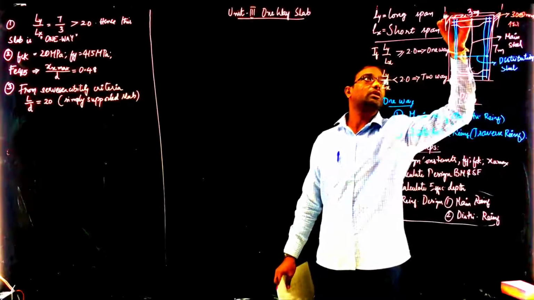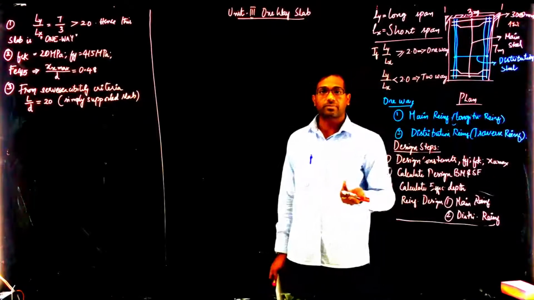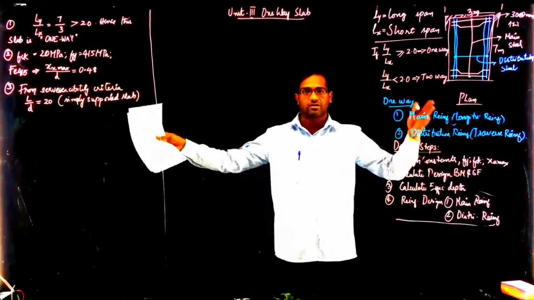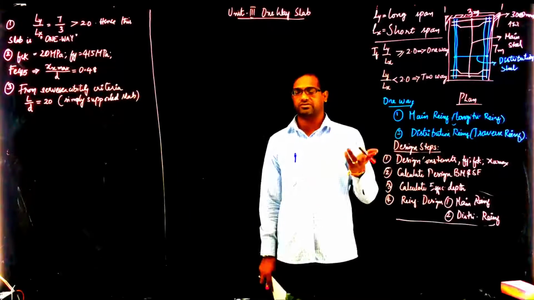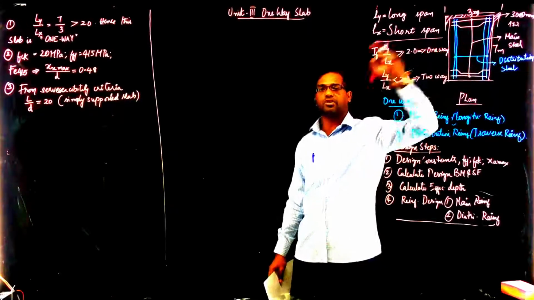So from here to here would be 3 plus 0.3 plus 0.3, that is 3.6 overall. From center to center would be 3.3, that is 3 plus 0.3 by 2 plus 0.3 by 2.